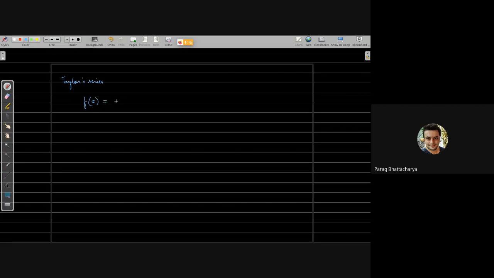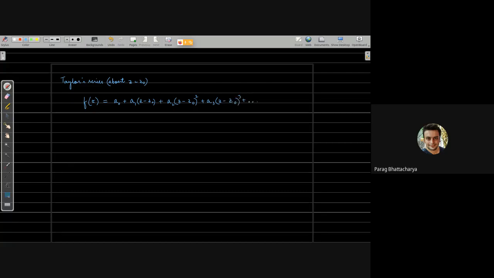It says that this function f of z can be written as some constant value plus, about some point, I could expand this about some point, some other coefficient into z minus z naught, about z equals z naught, then we have a2 into z minus z naught squared, a3 into z minus z naught cubed, and so on.